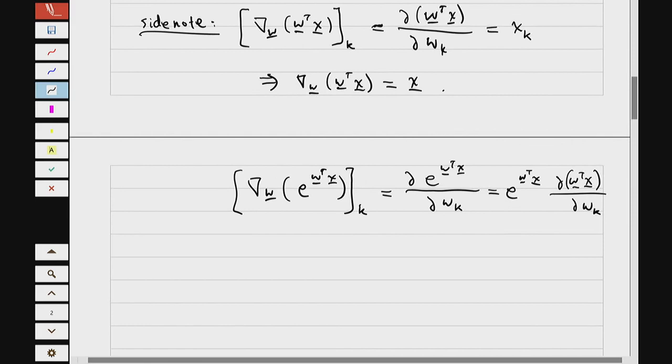And this would tell us already that this whole vector is equal to, you stack them all up. When you stack them up, this e to the something is still just a constant that you pull out in front. And then whatever is left is just a whole vector of those partial derivatives. What is the whole vector of those partial derivatives?